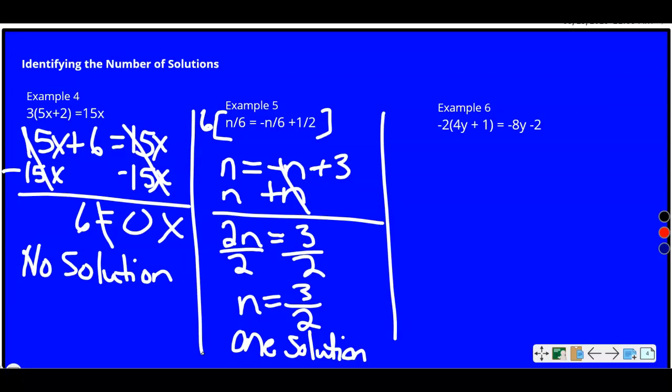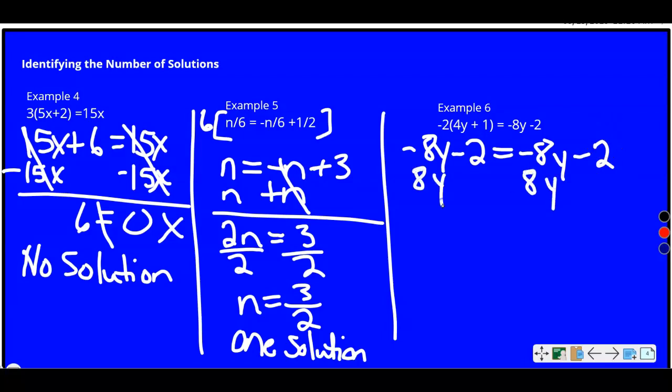All right, example 6, I'm going to multiply by negative 2, distributive property. So I'm going to have negative 8y minus 2 equals negative 8y minus 2. You can already see that the left side and the right side are exactly the same. So if I add 8y and I add 2, everything cancels and I get 0 equals 0. Is that a true statement?